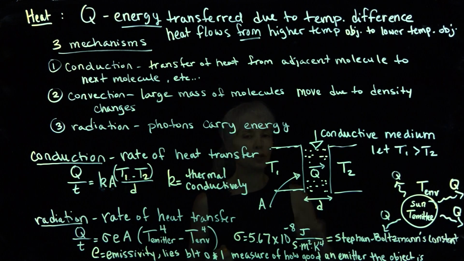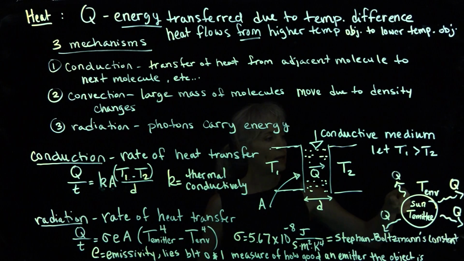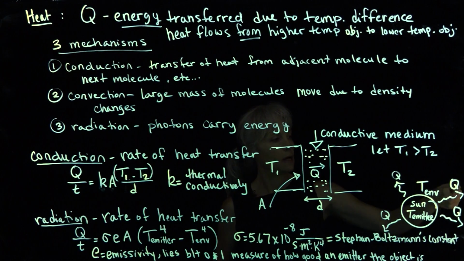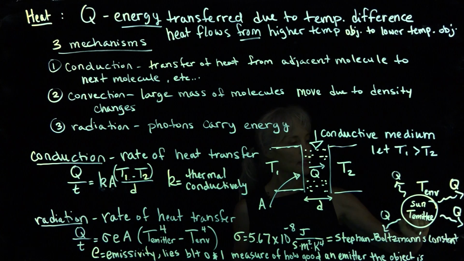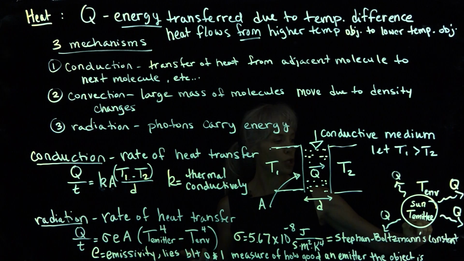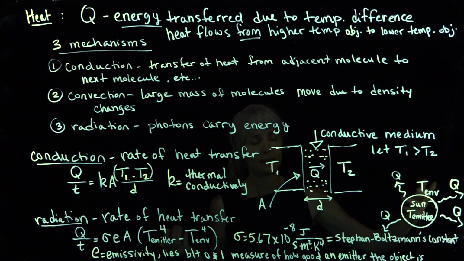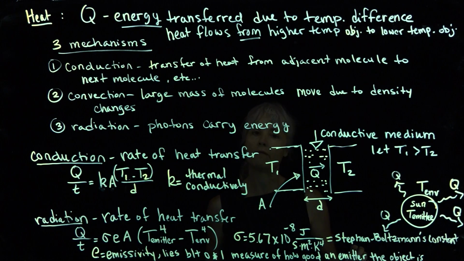So, for example, you can see I've drawn the sun here, and we're losing heat. The sun is emitting heat per unit time. The sun has a certain temperature, and if you look up the surface temperature of the sun, it's about 6,000 Kelvin, and then it's surrounded by an environment which is space, and the temperature in the environment is about 4 Kelvin.